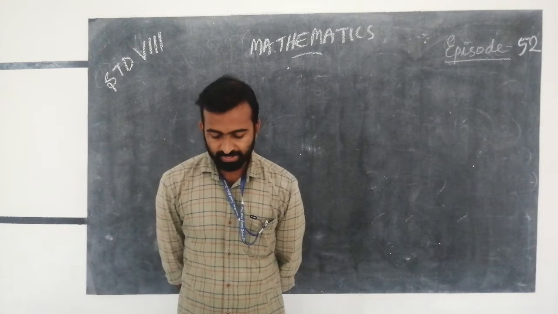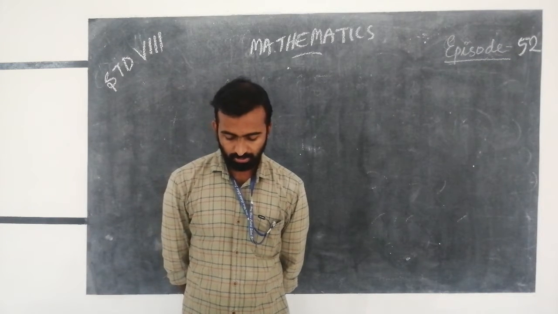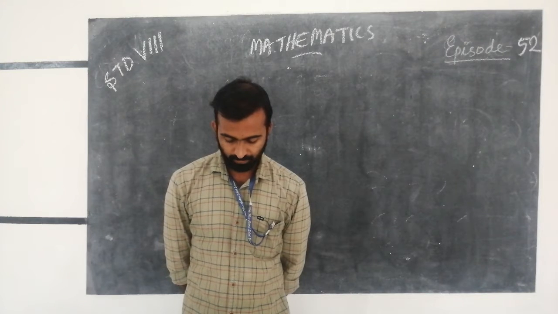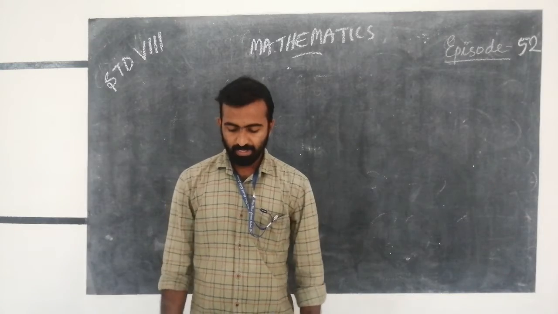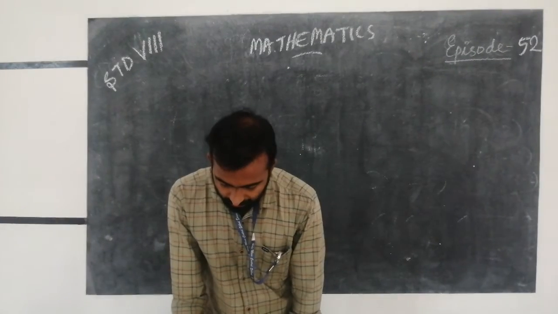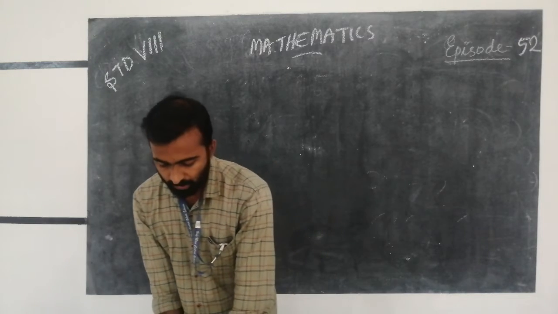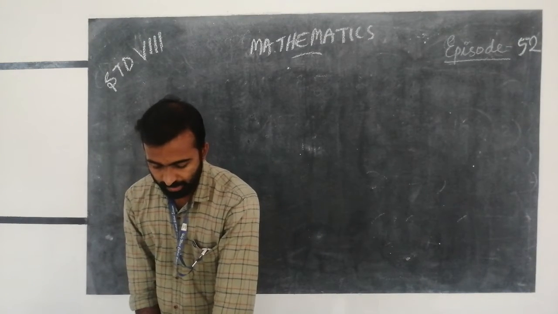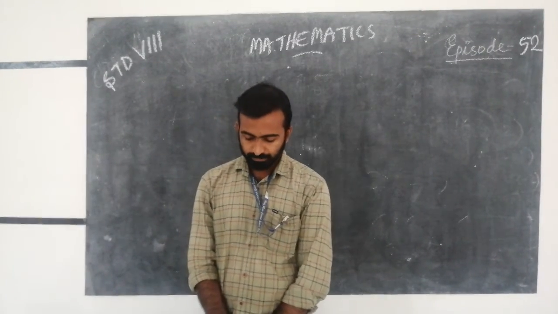And the E part question is, which is further south, the primary school, the secondary school or the senior secondary school? The answer is senior secondary school. When you look at the figure, you get the answers.